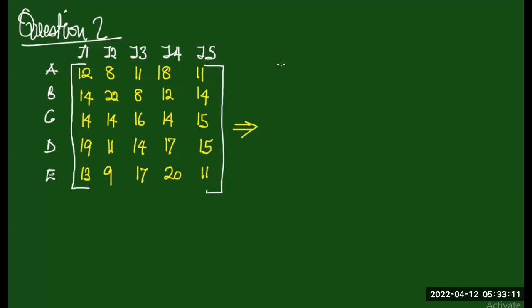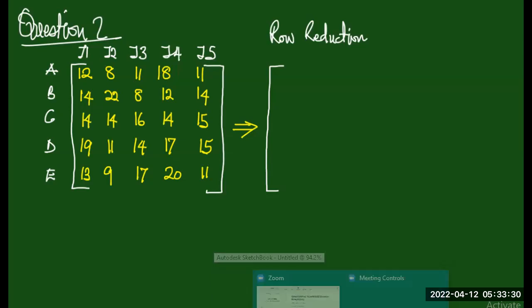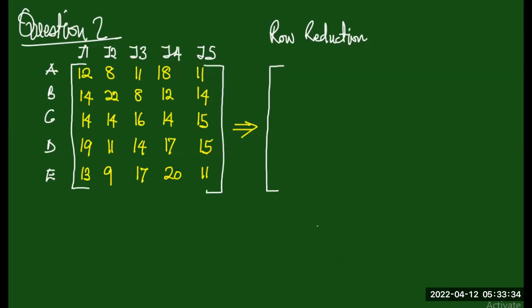So these are the steps. First of all, you can either start with the row. You can do row reduction first. So let's begin with row reduction.